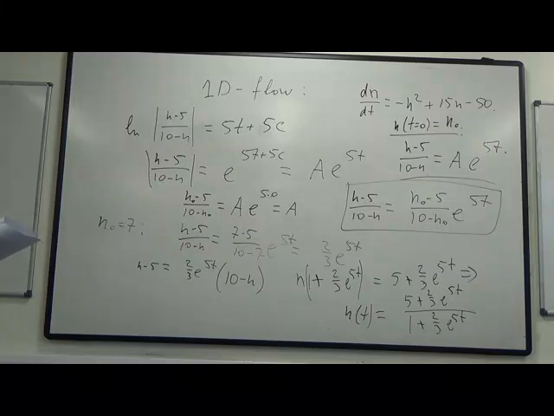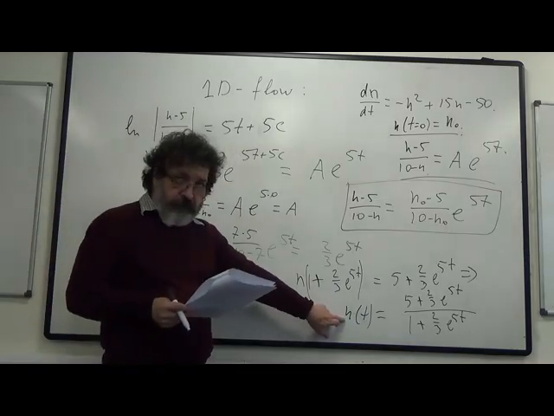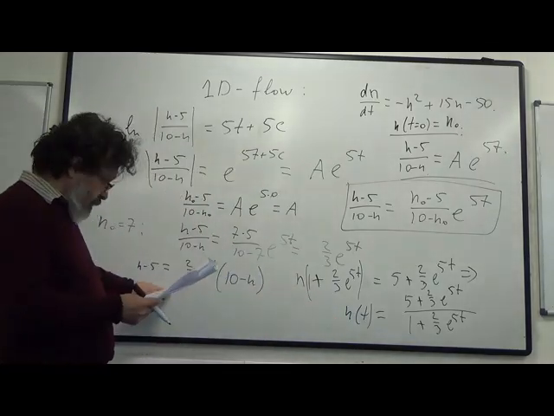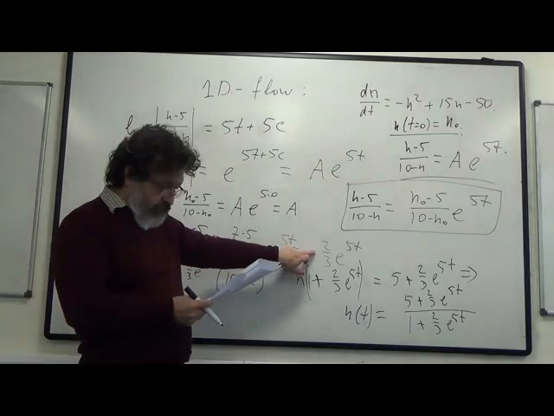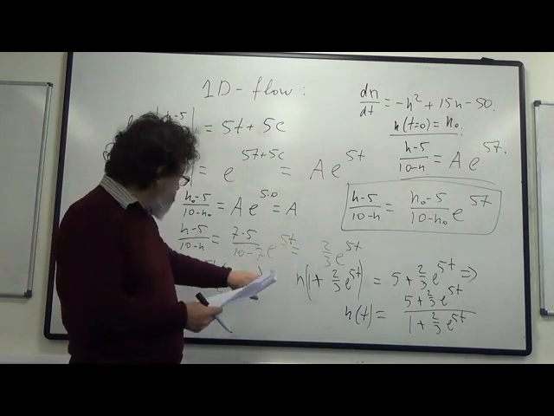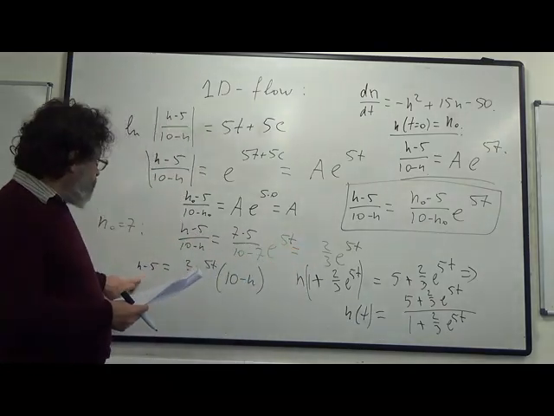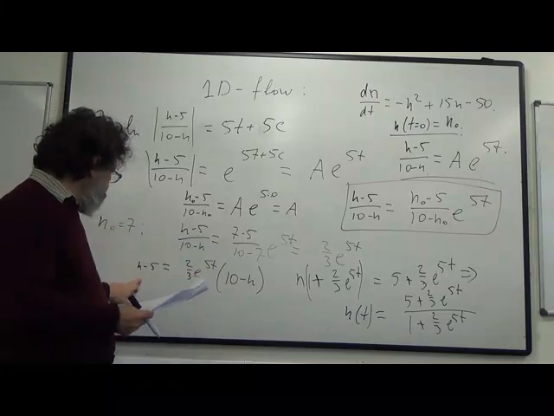The explicit solution in my solution is different from what I put here. Why? So the question is, is this correct or not? So this is correct. It's 2 over 3 e to the power 5t. It is correct. But n minus 5 goes out. Here is plus.